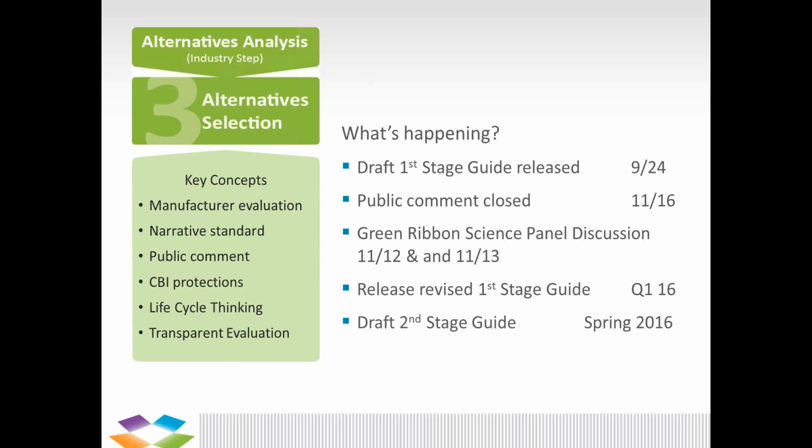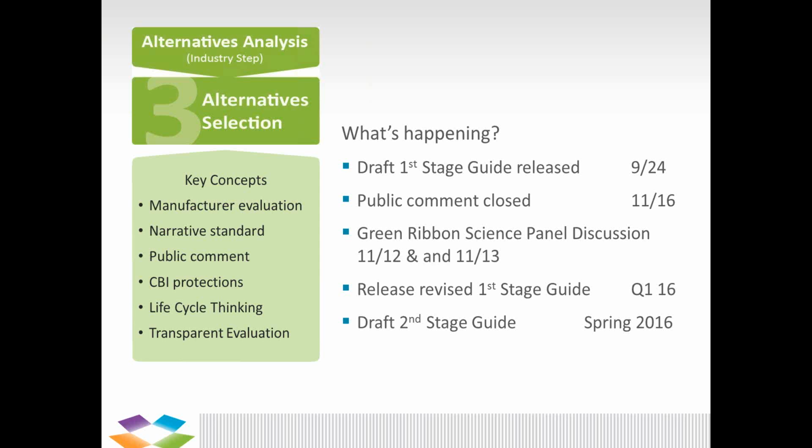So what are we doing with that right now? Where are we in the process? We just completed the first round of our Stage 1 guide, which is really designed to help people get through the process of conducting AAs pursuant to our regulations and their requirements. We had a public comment period. We did a couple of webinars. We have a green ribbon science panel, which is made up of a myriad of folks, both from industry, academia, NGO, health, who's given us some input on the process.